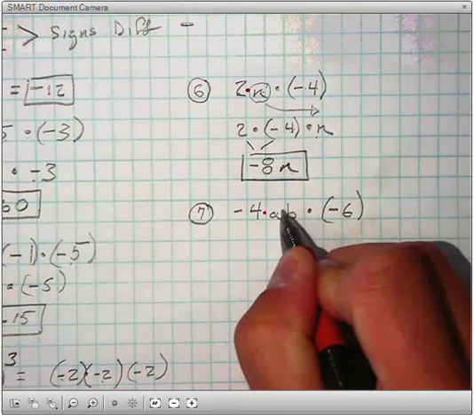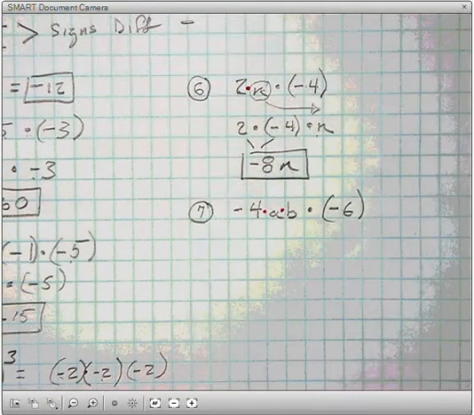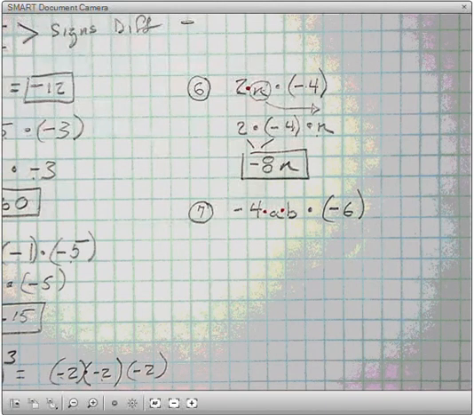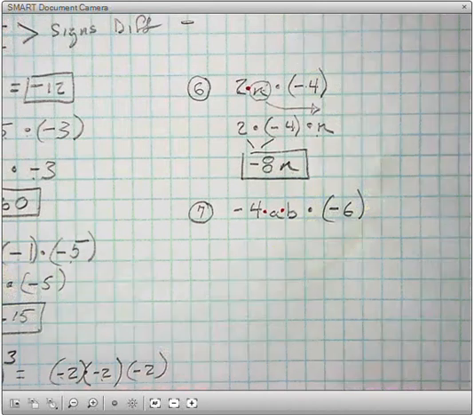So we'll put the multiplication signs in there. Anybody think they got it? There we go.